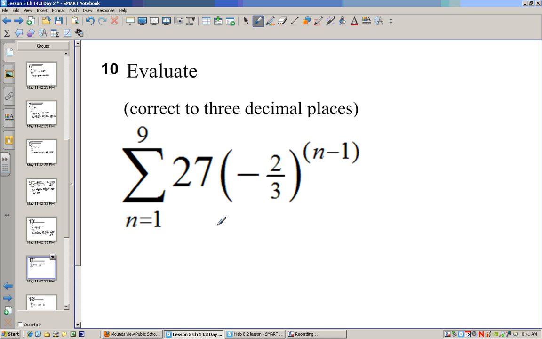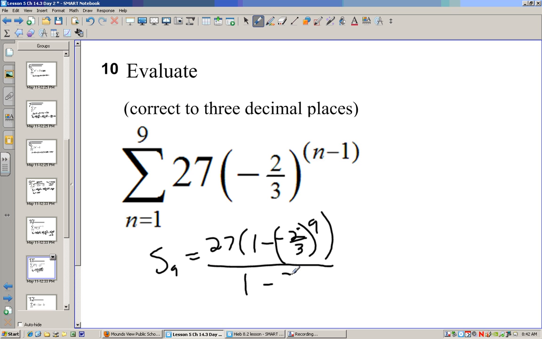Try this one. The sum of the first 9 terms, our first term will be 27 times 1 minus our r, negative 2/3, to the 9th, all over 1 minus negative 2/3. So this becomes a plus.